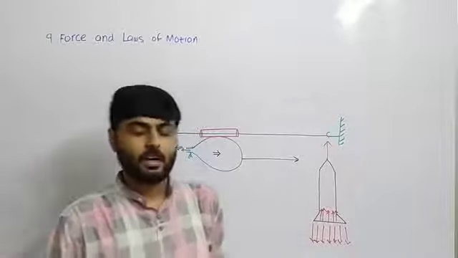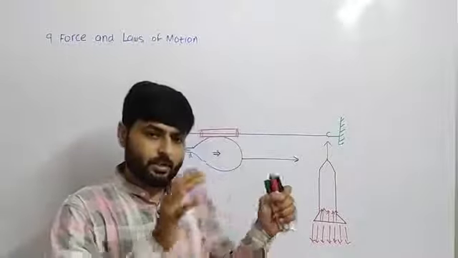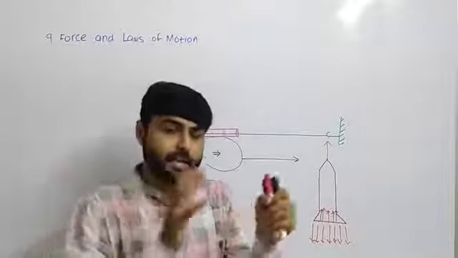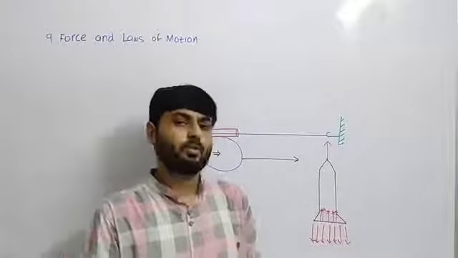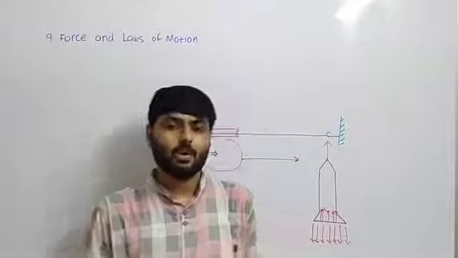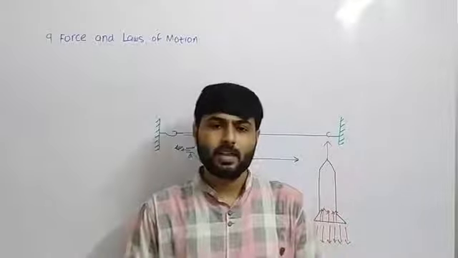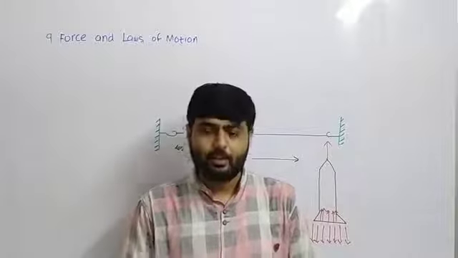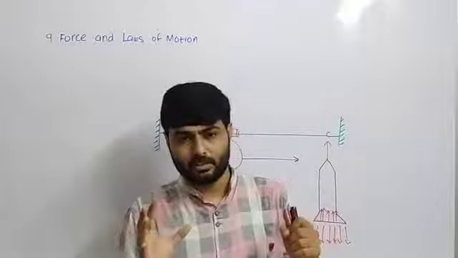So I hope now onwards you can see in which real life case we have these laws of motion, say first law, second law, third law. My dear friends, I would like to say that we can learn science only by observation.